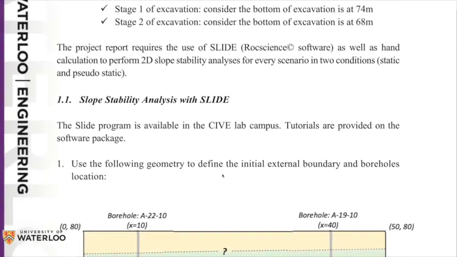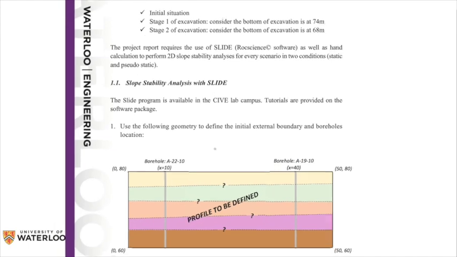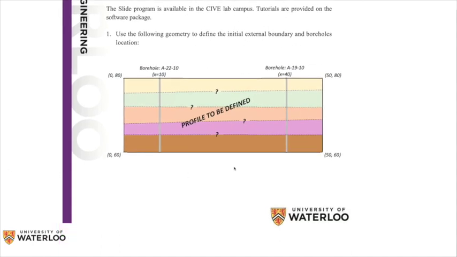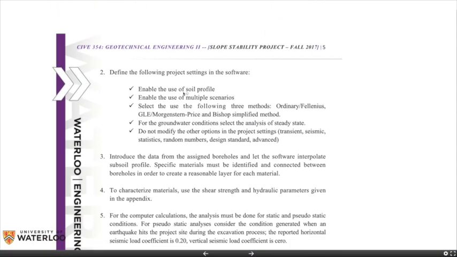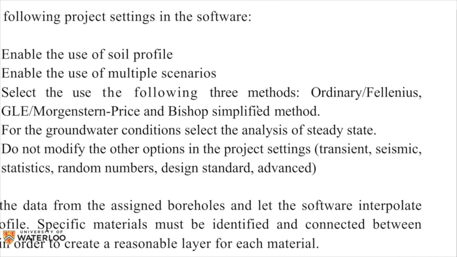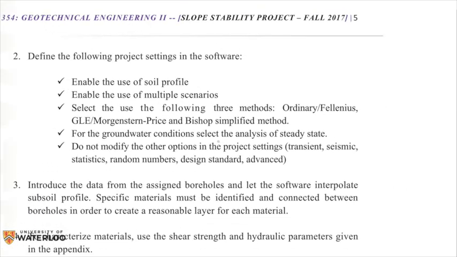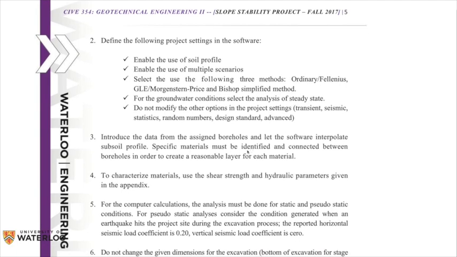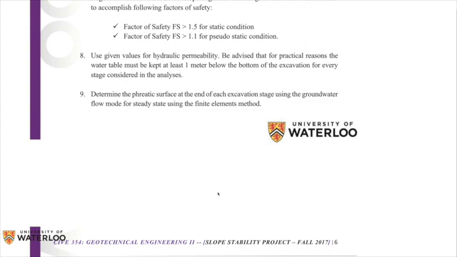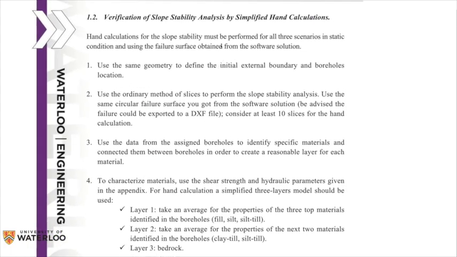Then there is a step by step explanation of what you have to do in order to use the software, Slide. The geometry is well defined. Then there is an explanation about how to define the project settings in order to perform the analysis we are interested in, and then how to introduce the data. Then you have the step by step for hand calculations.